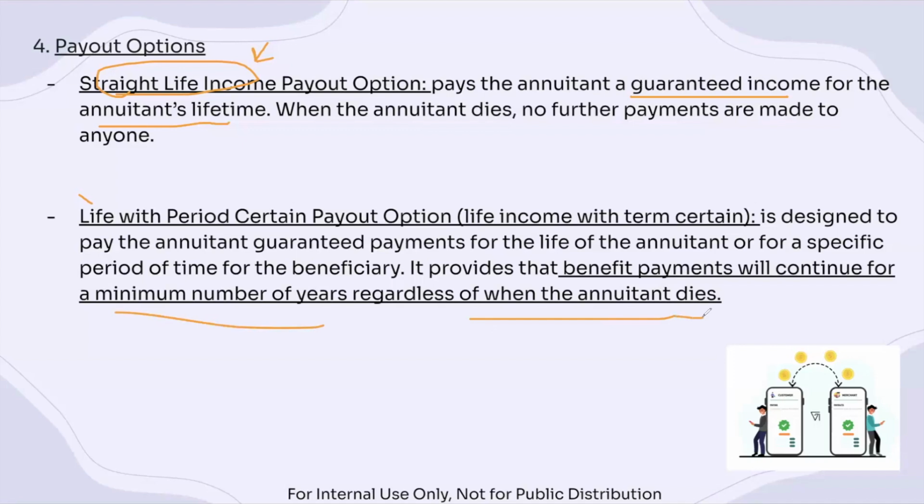So even after the annuitant dies, there can be payout. Another similar term you might see is life income with period certain. It's the straight life income plus benefit payments for a number of years, regardless of when the annuitant dies.